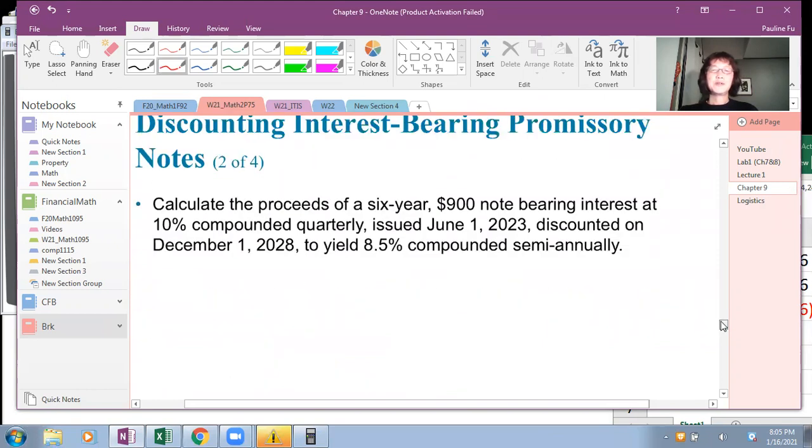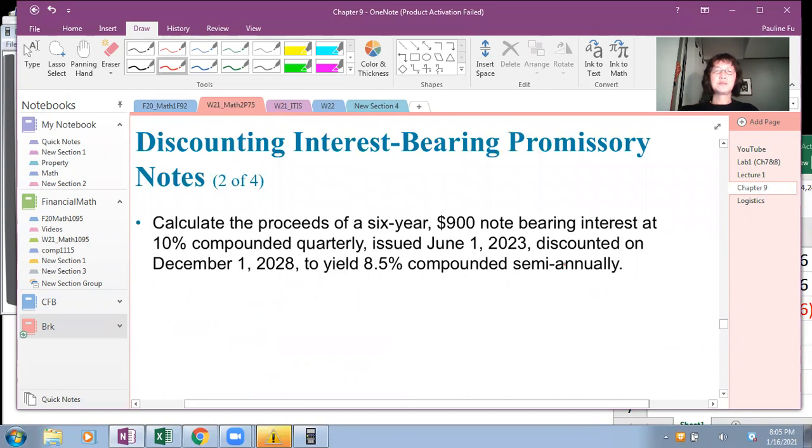So next, we are going to take a look at some applications in promissory notes, discounting interest-bearing promissory notes. Example, calculate the proceeds. Usually the proceeds means the present value.